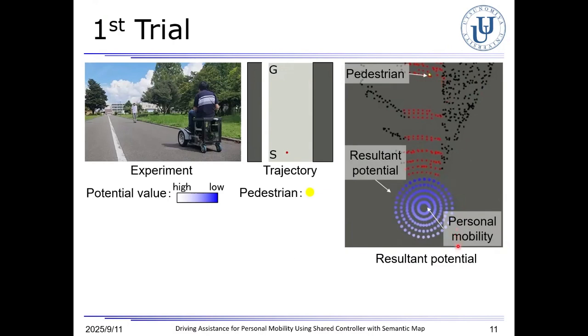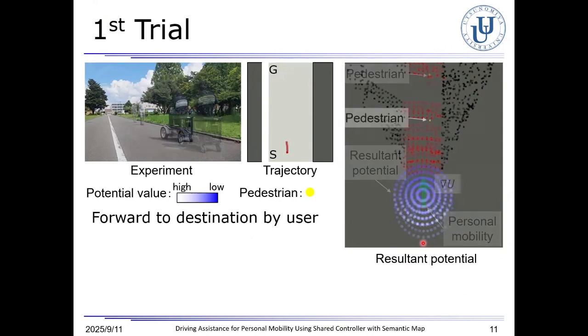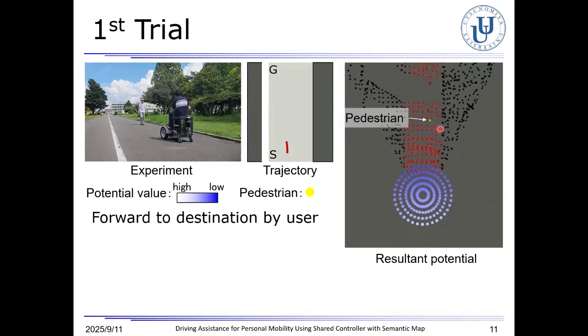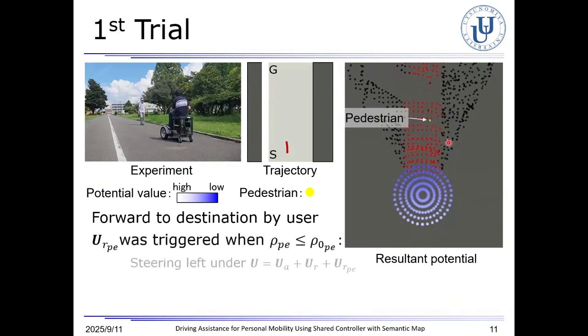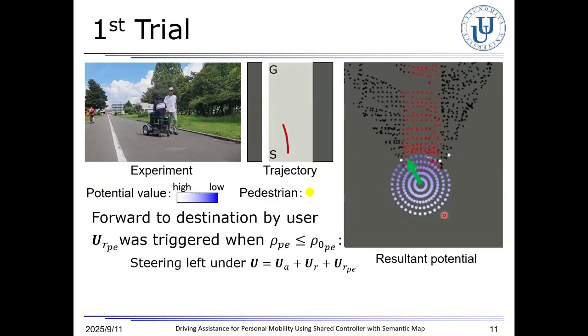Let us examine this potential field. The user directional input generates a change in delta U, allowing the mobility to move straight towards the destination. When the pedestrian came within 5 meters, a repulsive potential was generated based on delta U. The mobility steered to the left to avoid the pedestrian.